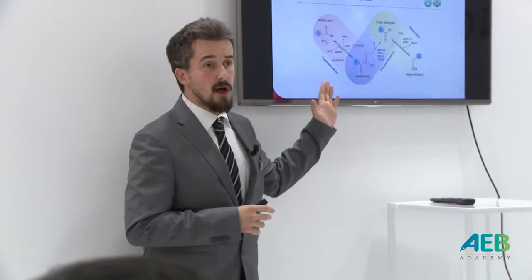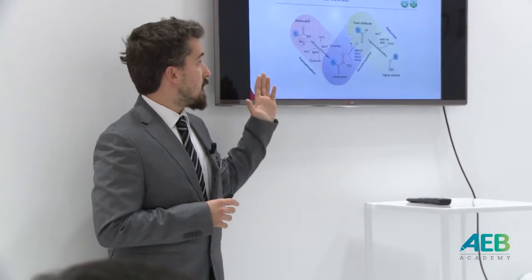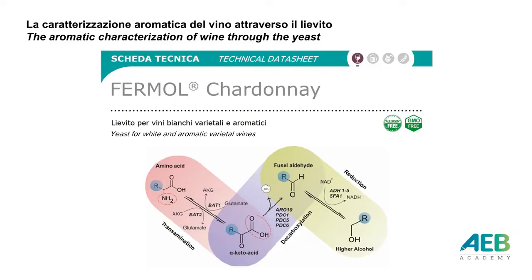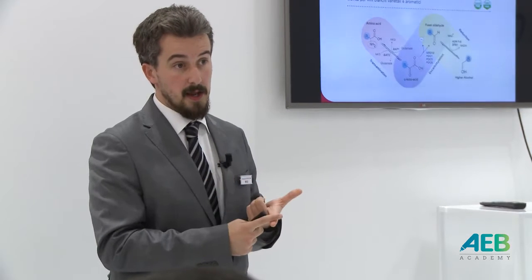And the way to do that is quite simple, which is passing through the Ehrlich pathway. So the Ehrlich pathway is a pathway that goes from the amino acids and basically transforms basic amino acids to higher alcohols, and these higher alcohols become esters, so acetate esters and ethyl esters.